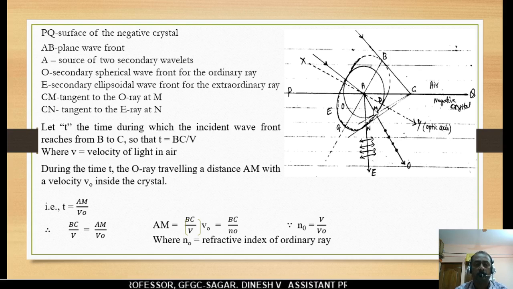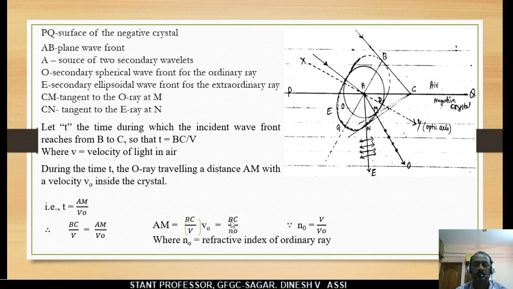with a velocity V0 inside the crystal. Here V0 is the velocity of the ordinary ray, so T equals AM by V0. Therefore BC upon V equals AM by V0. That means, on further simplification, AM equals BC upon V into the velocity of the ordinary ray.